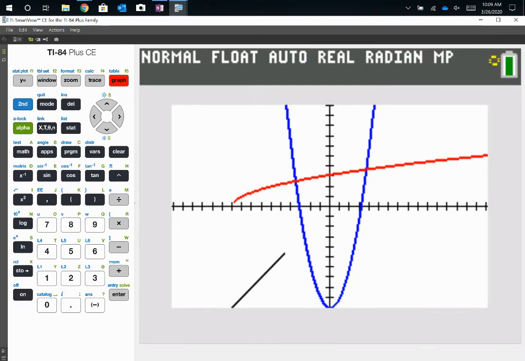Okay, so you can see it's attempting to put in this portion of the graph, the portion for x less than 0.